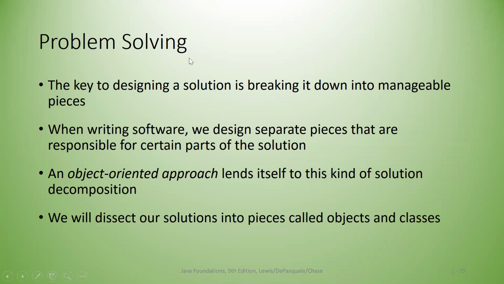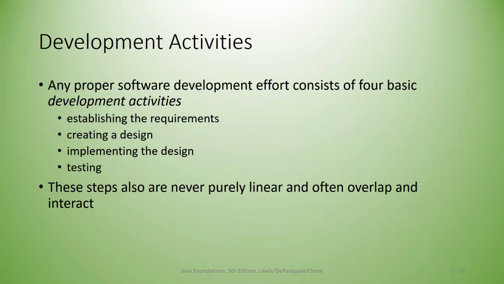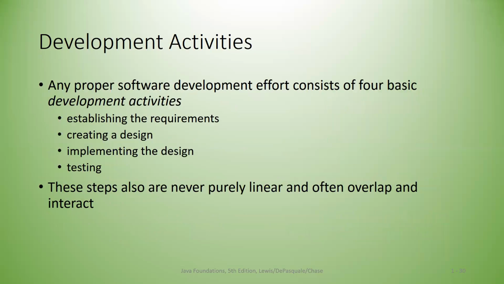An object-oriented approach lends itself to this kind of solution decomposition. We will dissect our solutions into pieces called objects and classes, and we will discuss that in the second class. In the first class, we will not discuss that.